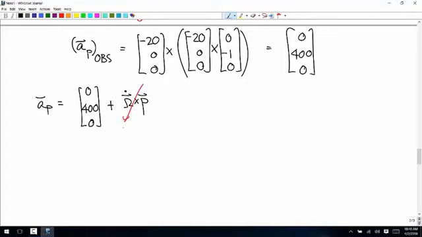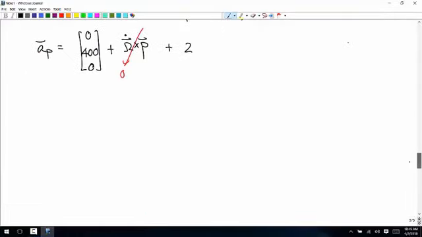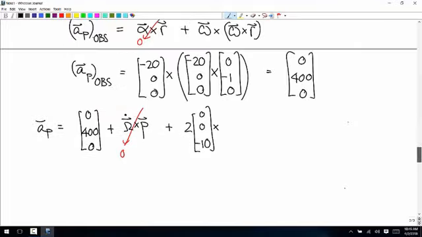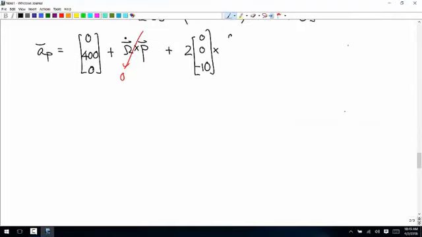That one goes away because there's no capital omega dot. Plus 2 times capital omega, 0, 0, -10, crossed with the observed velocity vector, which is 0, 0, positive 20. Yep, again, but it doesn't always.